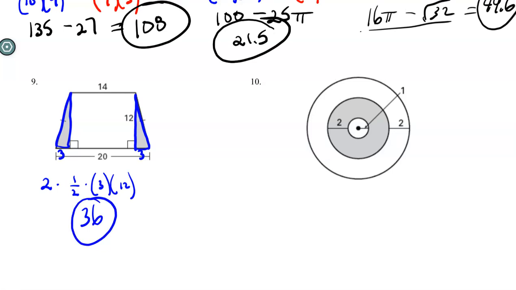Now you might want to try it and do the trapezoid minus the rectangle and see what you get that way. Should get the same answer. I'll just do it really quick. If we average the two bases, divided by 2, times it by the height, and then we are going to take away this 14 by 12 on the inside.